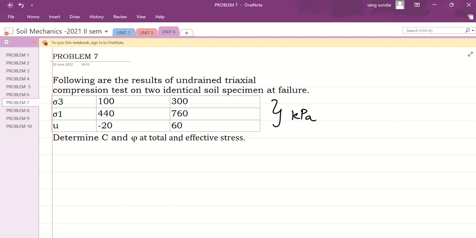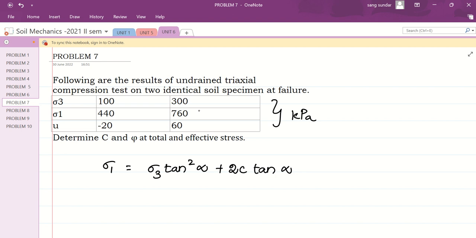So our famous relationship is sigma 1 is equal to sigma 3 tan square alpha plus 2c tan alpha. For the same soil, an undrained triaxial compression test has been performed and the results obtained are listed here.